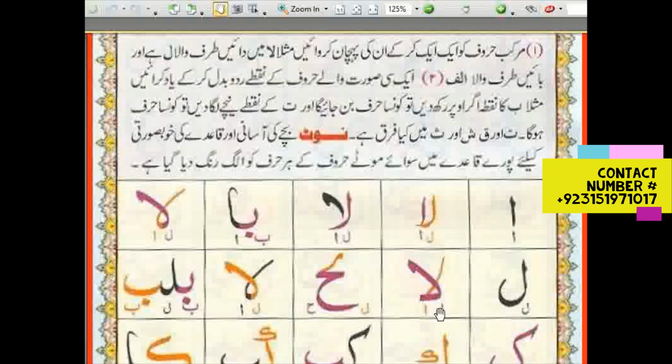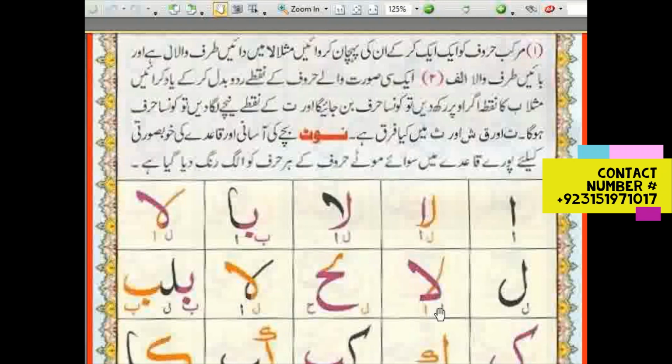So this is the second chapter, but the basic one is the Arabic alphabet. If you know the Arabic alphabet very well, then this chapter will be easy for you.